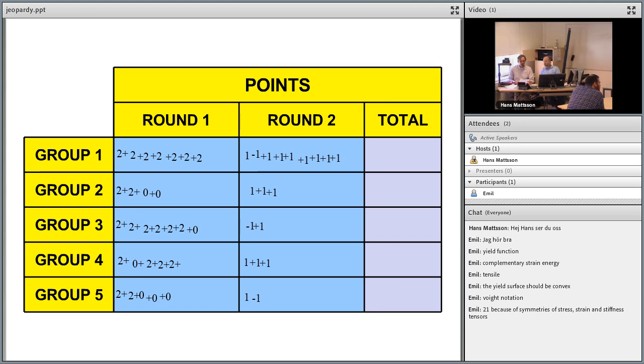The global equilibrium equations state that external and internal forces in each node with components in the x, y, and zeta direction have to be in equilibrium. How many equations do we have in the three-dimensional case? 2.